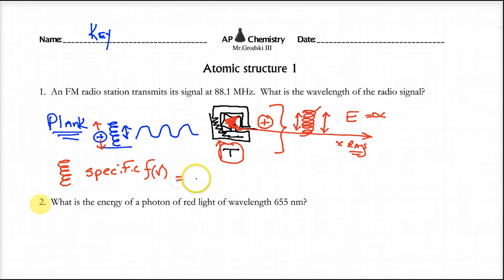And he said that the energy is equal to some whole number integer times some constant we now call Planck's constant times the frequency. So the energy was directly proportional to the frequency times some kind of constant that gave it some sort of whole number variable.